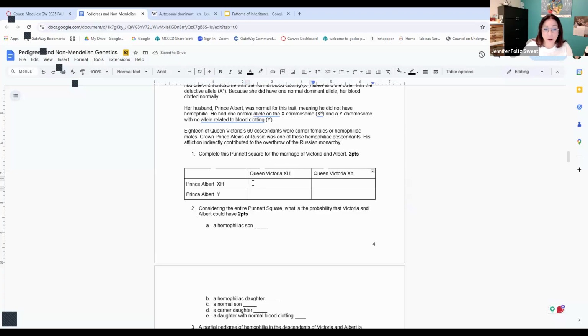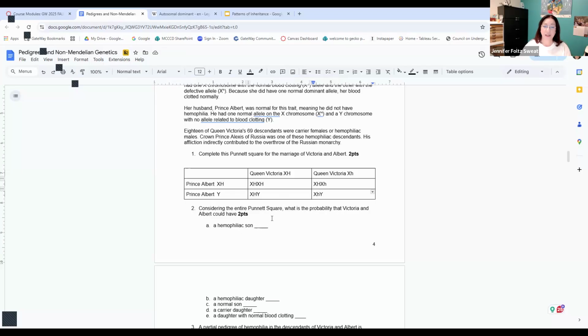And so when they reproduced, we got X big H X big H, X big H X little h, so a carrier. And then out of the sons, X big H Y, X little h Y.